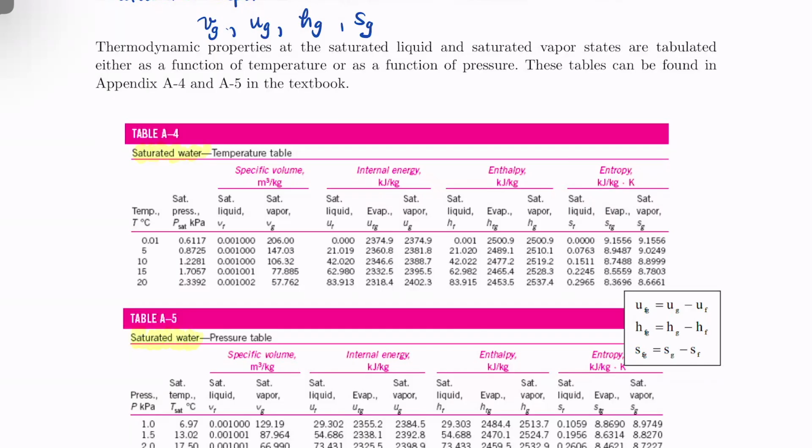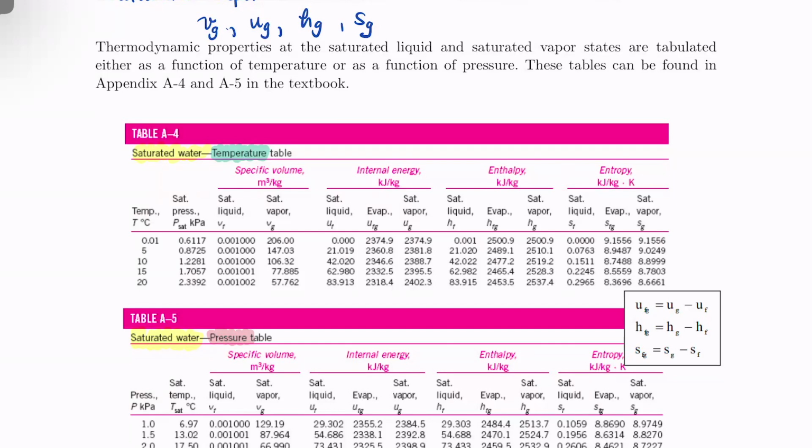Obviously, these tables exist for other substances as well. Our top table here is a temperature table, and the second table below it is a pressure table. You'll notice that the way it's organized is a little bit different.